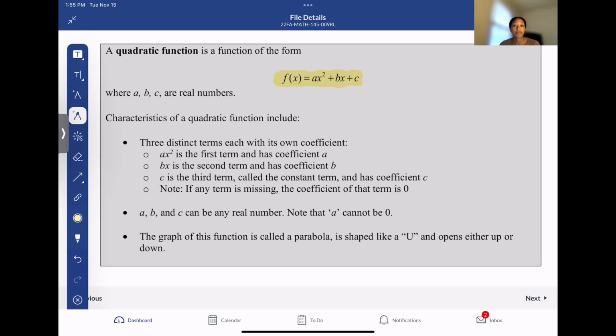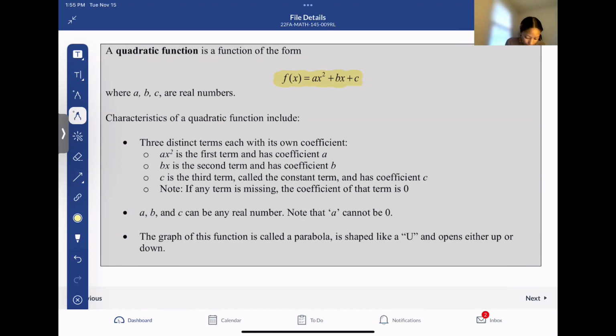Again, we need to be able to identify that. And the last term is c, which is just a constant term. It'll just be a number. That constant term is its own coefficient. Note, if any term is missing, the coefficient of that term is 0. And note that a cannot be equal to 0. So b and c can be 0, but a cannot be equal to 0.